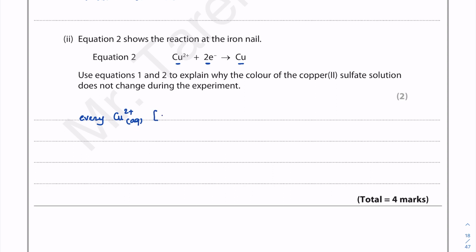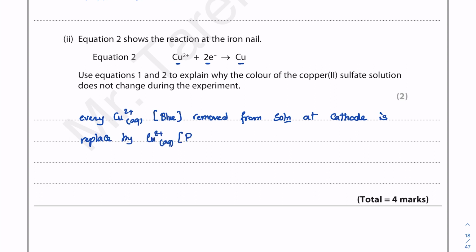Every copper ion اللي هي blue removed from solution عند الكاثود at cathode is replaced by copper ion لونها تانية blue formed in solution عند الأنود formed in solution at anode. وبكده يبقى ال concentration of الcopper ion اللي في solution remains constant.